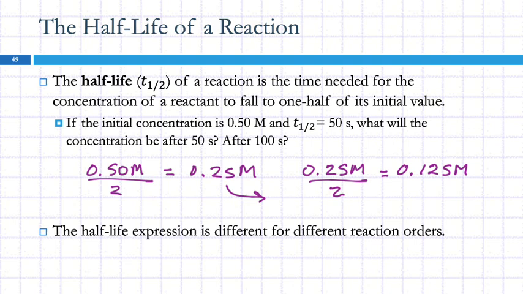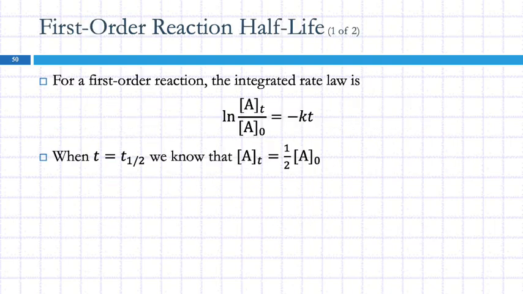And that's a lot of what we did in Chem 3A, is we just like, well, it's this many half-lives, and so you divide by 2 that many times. The half-life expression is going to look different for different reaction orders, although this part is the same. So for that first order reaction, the integrated rate law, here we've taken the linear form and rearranged it to suit our purposes, right?